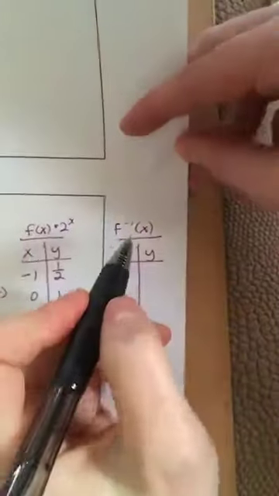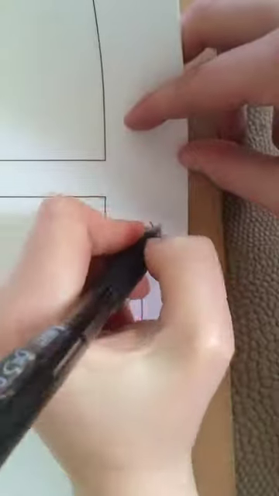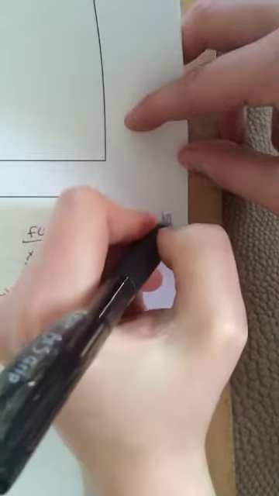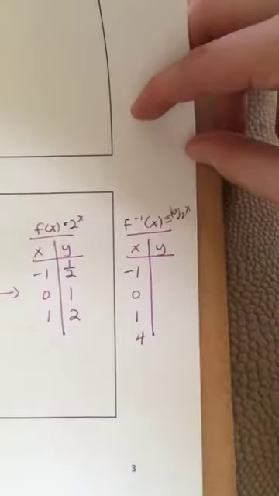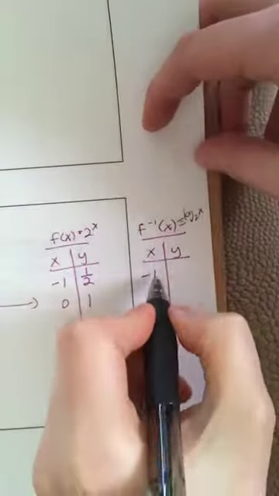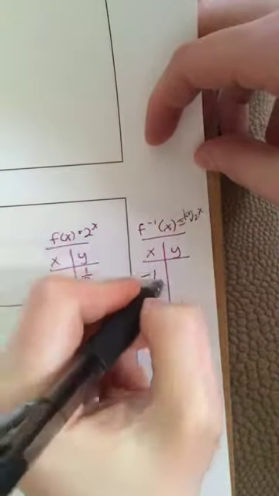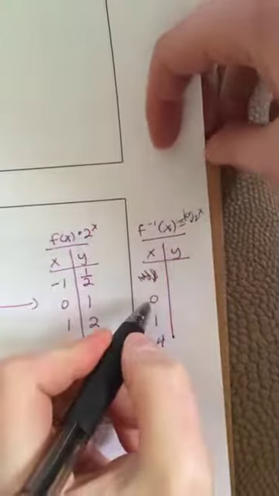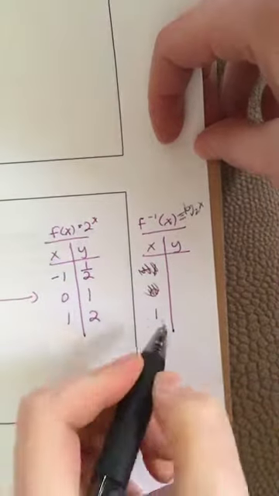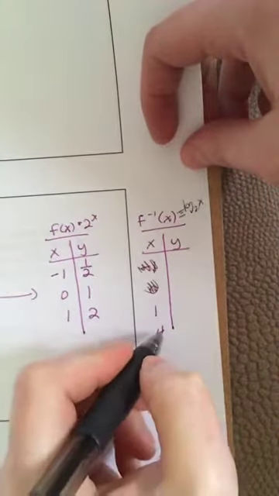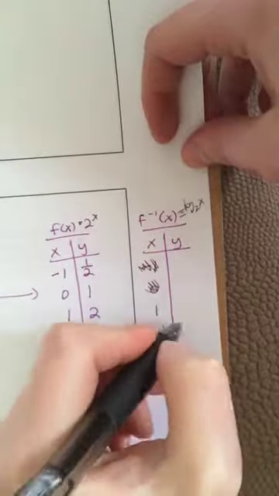Now for f inverse of x, which is going to be log base 2 of x, let's not do -1, and we can't do 0. Let's do 1, 4, and we'll do 8 after this, actually.